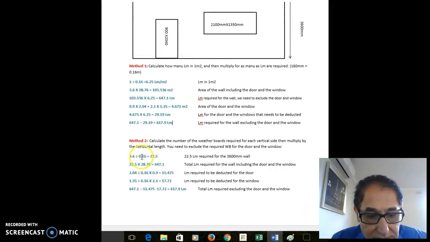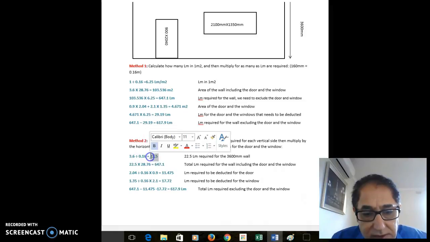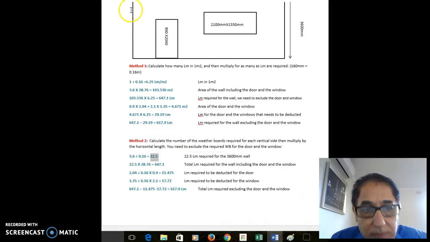So what I did, divide 3.6 by 0.16, both in meters. So this is how many weatherboard I need to cover this vertical. Then obviously we have to multiply that by this length.